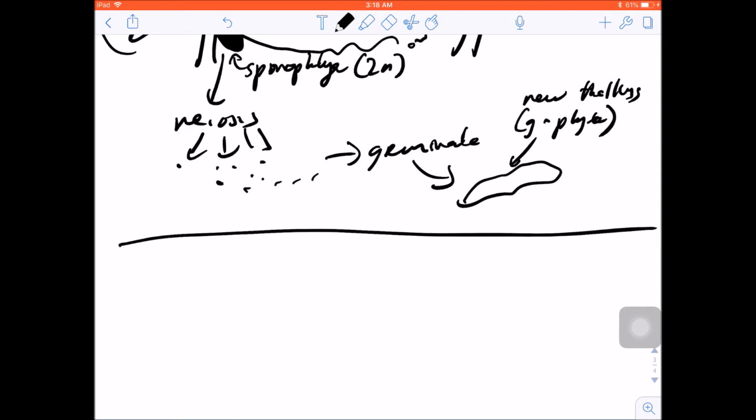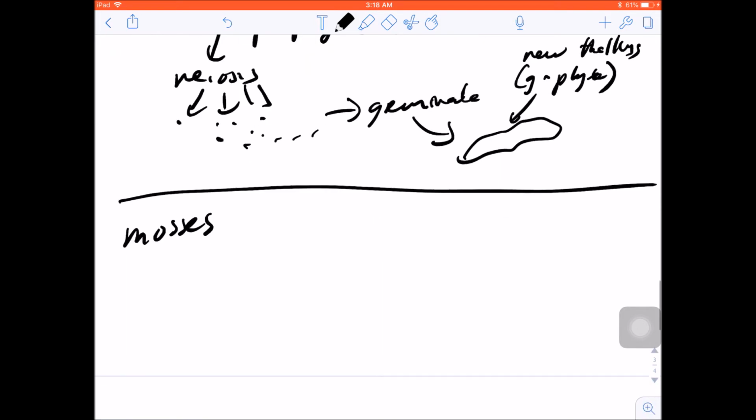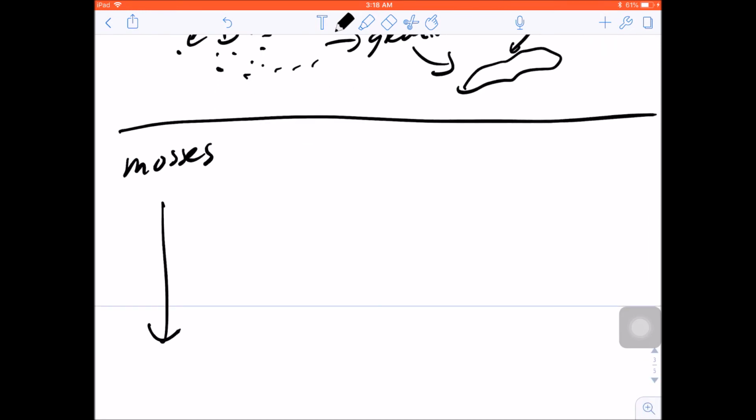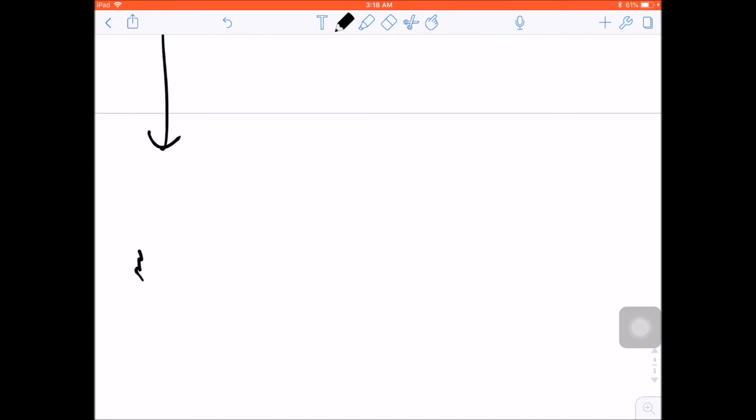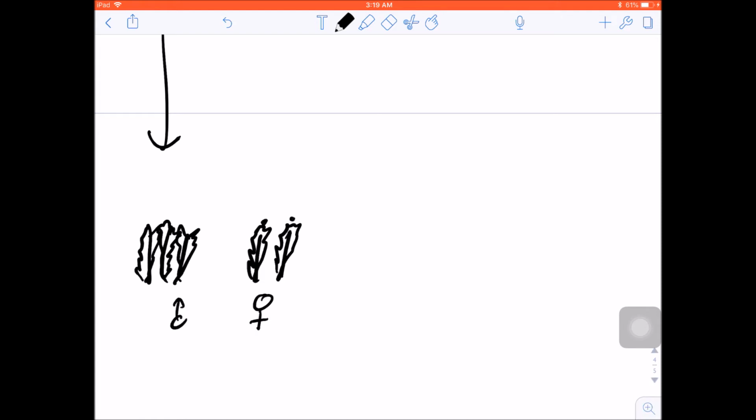Okie dokie. So, quick overview of liverworts. Now let's go into mosses real quick. Very similar in their life cycle. As you would expect, they're both seedless, non-vascular plants. Think about mosses. Each one of these plants can be male or female. At the tips of these plants are where the archegonia and antheridia are.